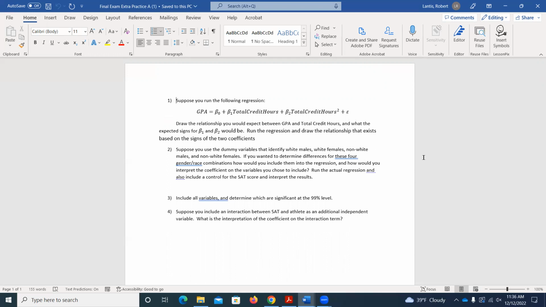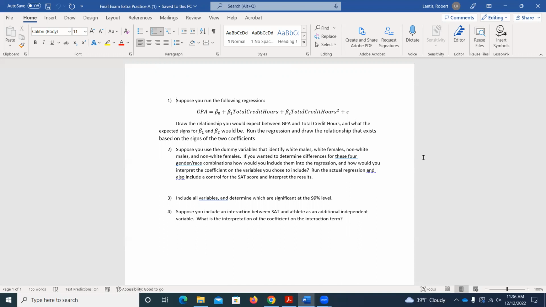So let's say I've got this GPA variable and I start adding in these little things, but I mainly want to focus on point 4, which is what if I have the SAT variable, but then I also have being a student athlete, and then I have the interaction of those two things. Okay.